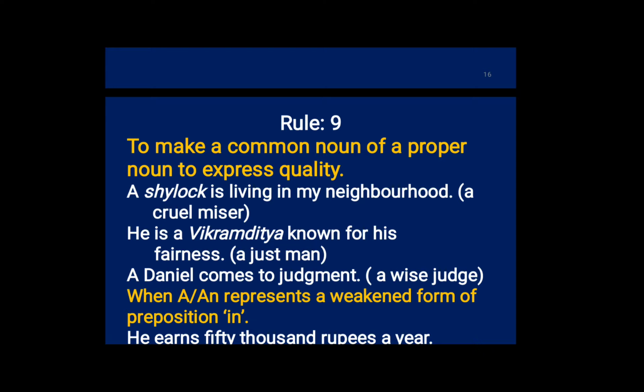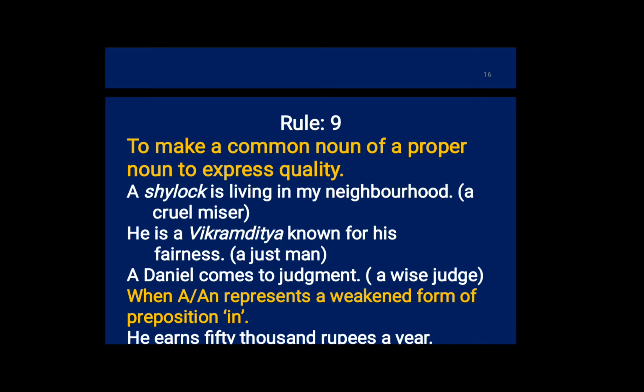In the sense, Shylock himself is not living there, but a person who represents all the cruel misers. We represent him by the name Shylock because he is most popular as a cruel miser. He is a Vikramaditya known for his fairness. Vikramaditya means a just man, a good man.